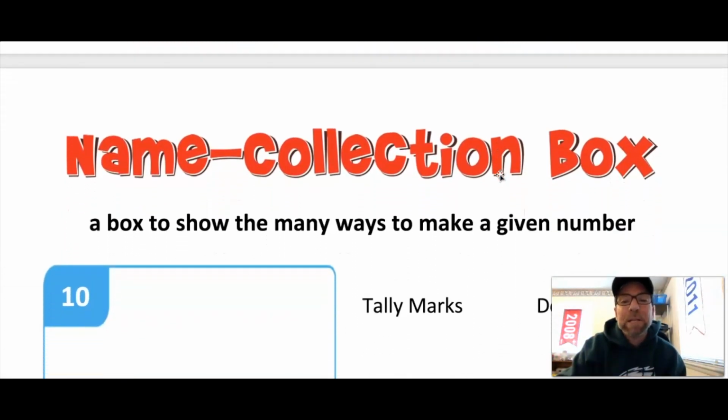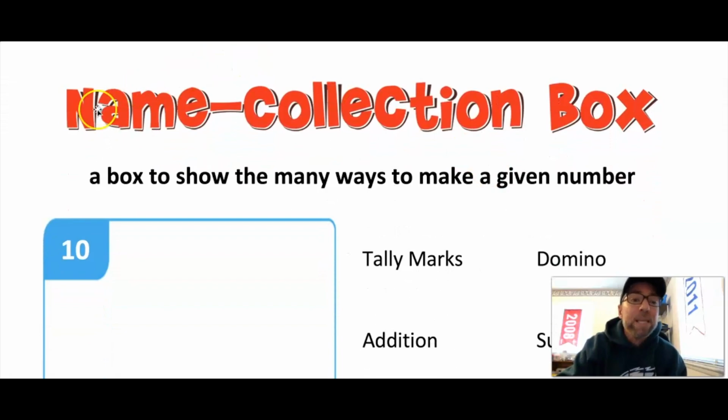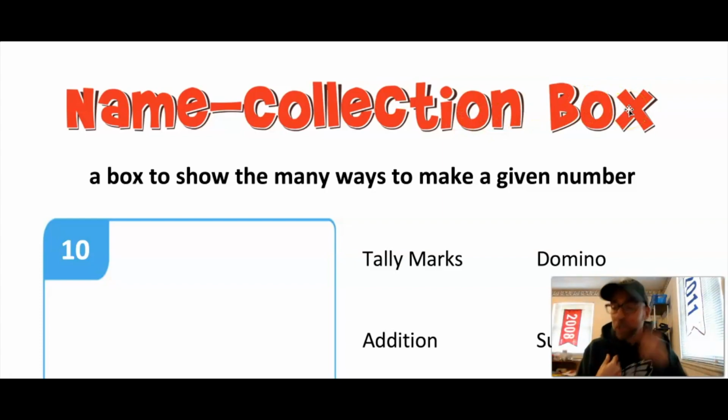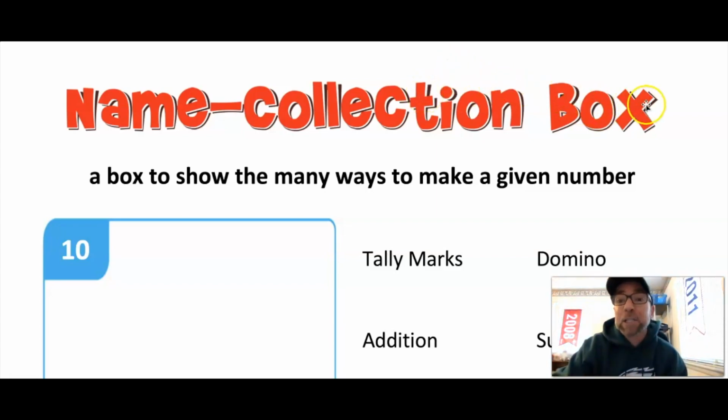Today, we are going to be learning about something called a name collection box. In my name collection box, I had Mr. Renzi, Dominic, Uncle Dom, Coach, and Renz. Well, in a name collection box in math, it's a box to show the many ways to make a given number.